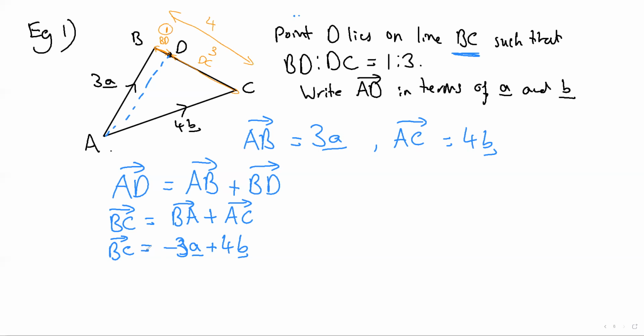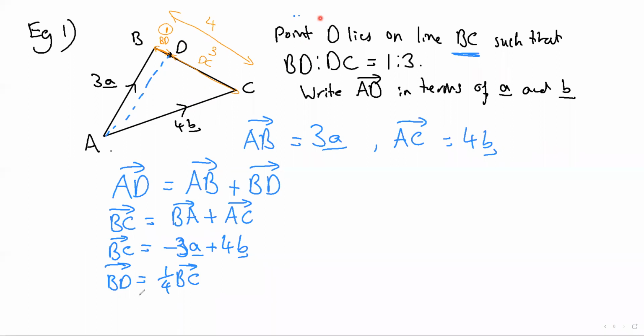So what we can do is we know that BD is a quarter of BC. If all of BC was 4 units, BD would only be one of those units. Now, we don't know what the units are, those are just arbitrary, but the point is, whatever BC is, BD will be a quarter of that.